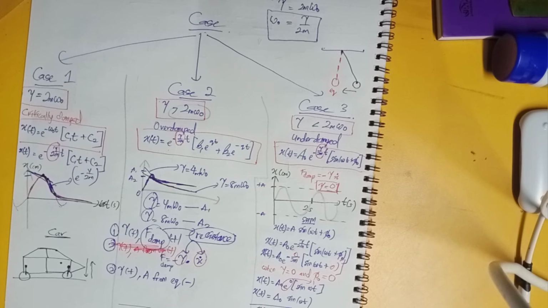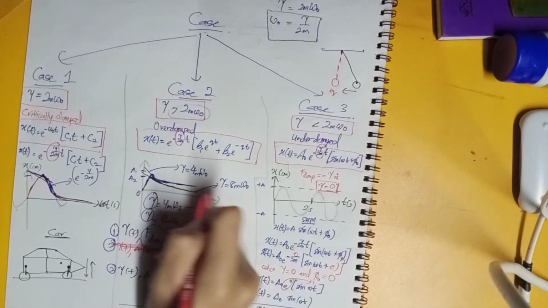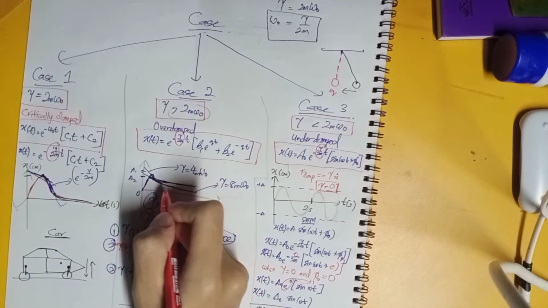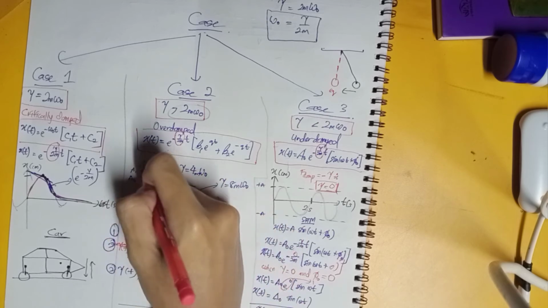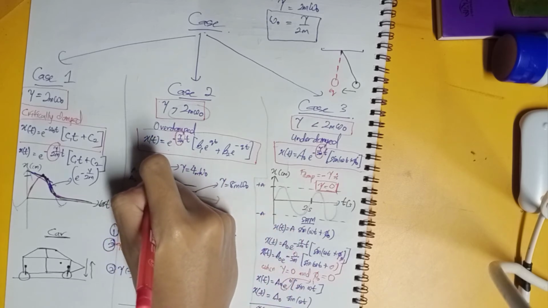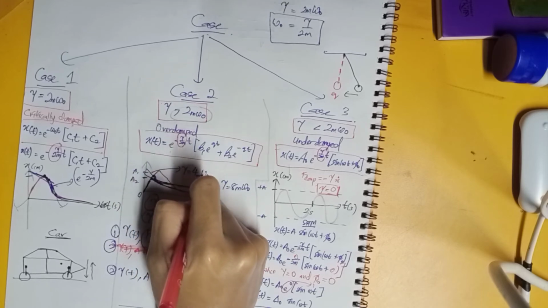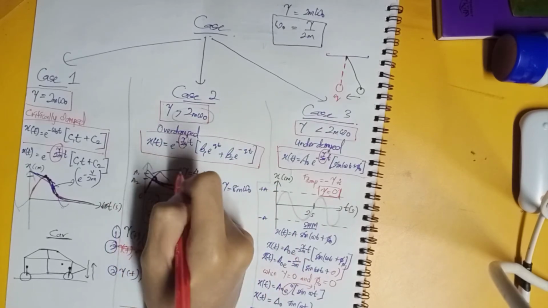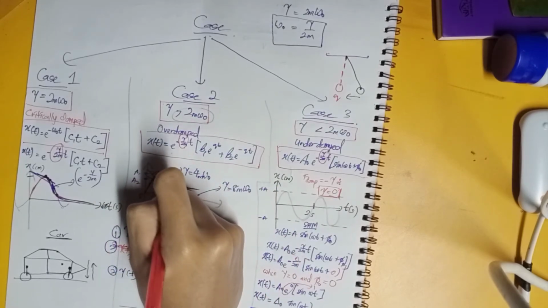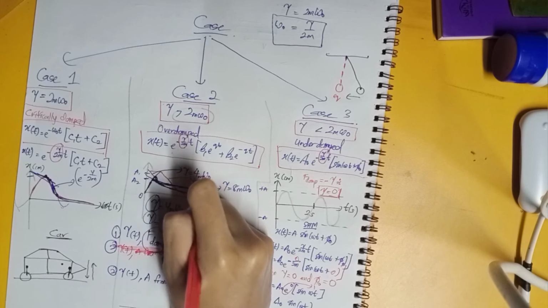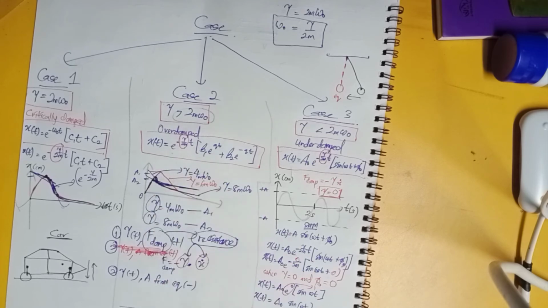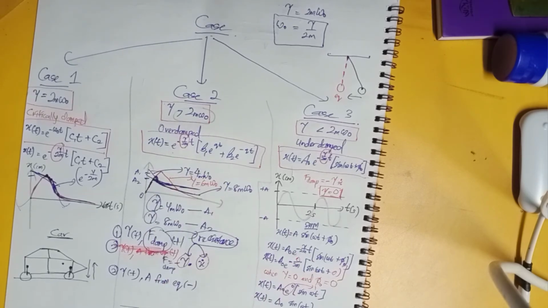Or let's say right now I put 4 right here. Now let's put 6, so 6 should be like this, more than this, and then increase like this. So this is gamma equal to 6m omega naught. It's simple, right?